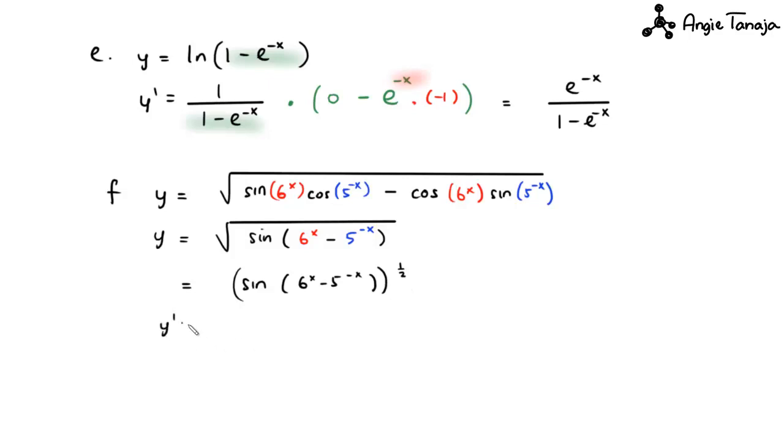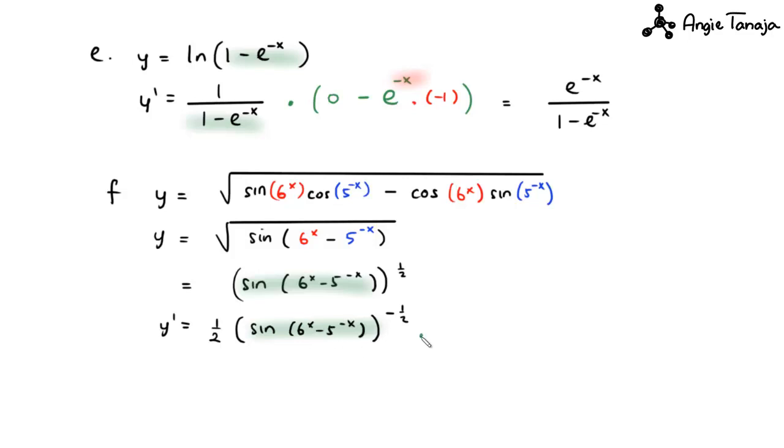So then y prime will be, again, the chain rule, and quite a lot of it. Something to the half, so it will be half times something to the negative half, and I just copy this.